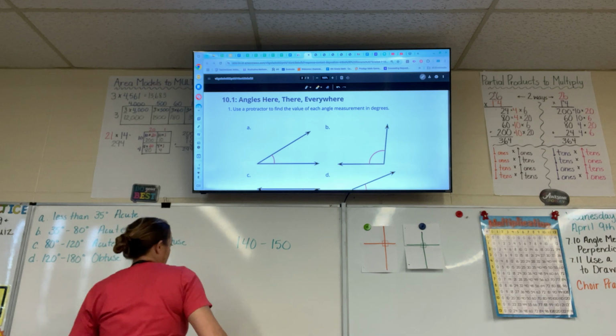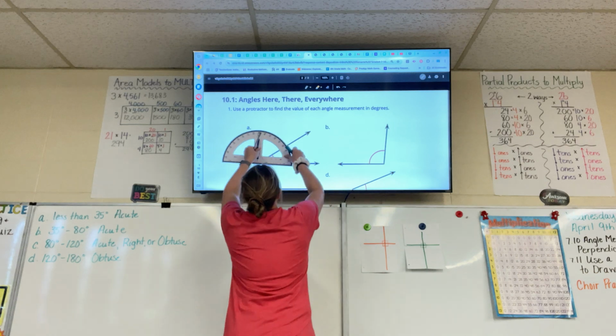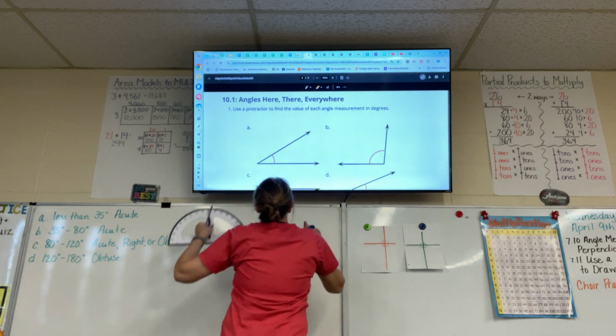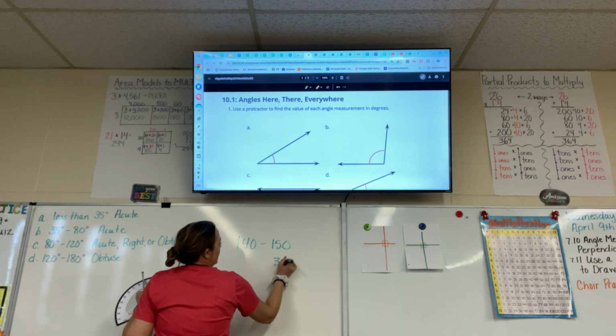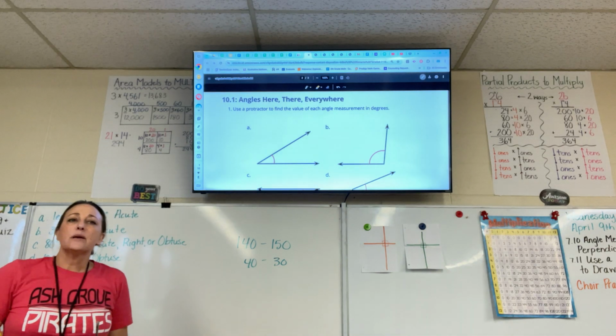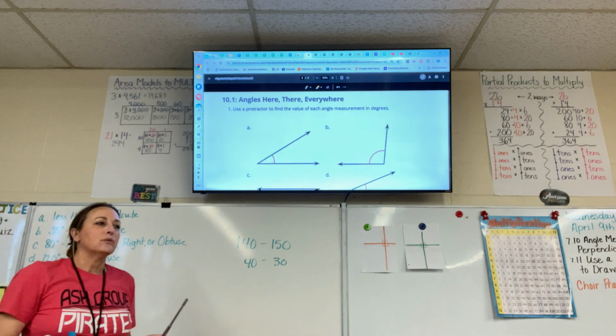Let me double check. I want to make sure I'm getting this right. It's pointing between 140 and 150 and 30 and 40. Which numbers would you use for this angle, Todd?